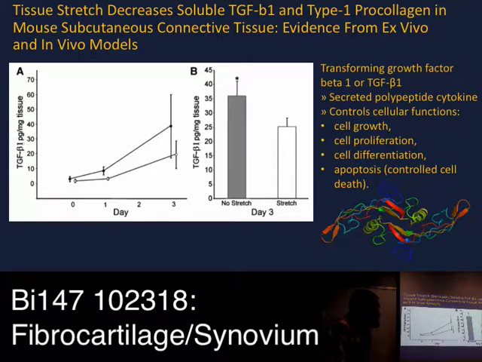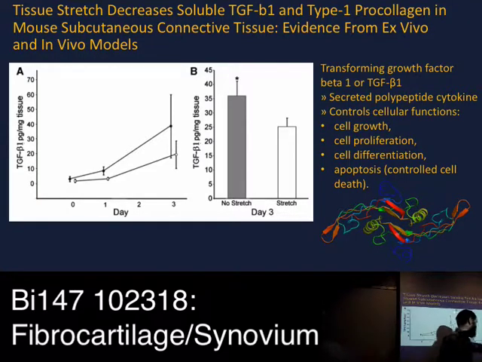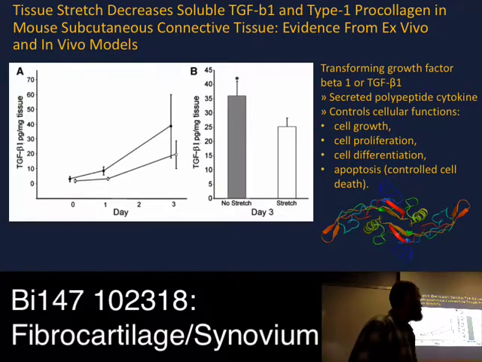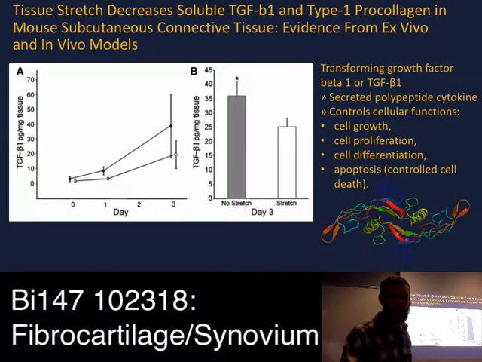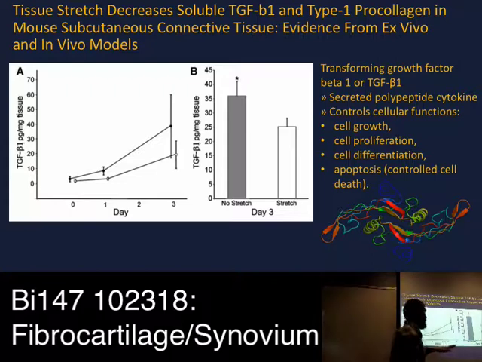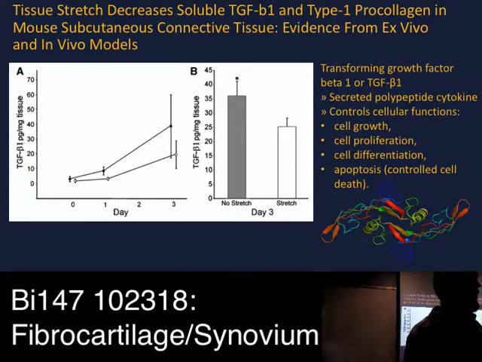So now they looked at the presence of this hormone called transforming growth factor. Here it is. It's a protein. This is what the protein looks like in ribbon diagram. And it is a secreted polypeptide cytokine. It's going to control a number of different things: tissue growth, proliferation of cells, differentiation, apoptosis, which is a fancy word for the kill switch on a cell.